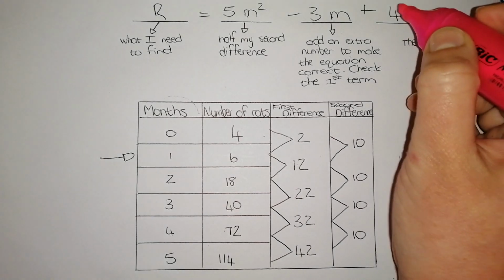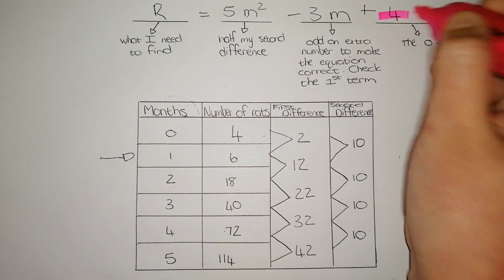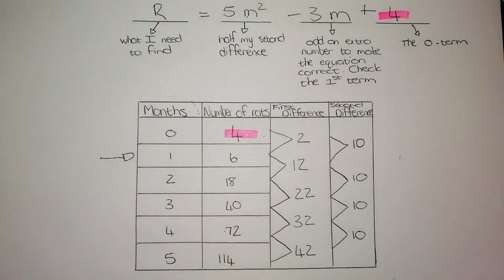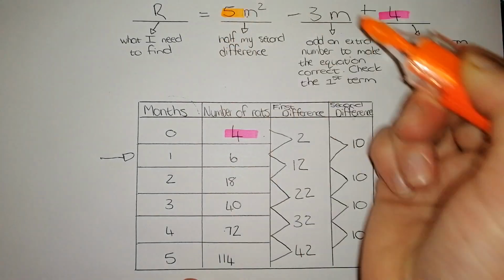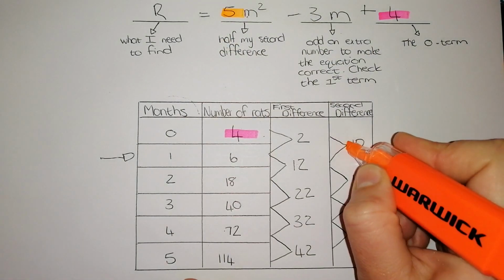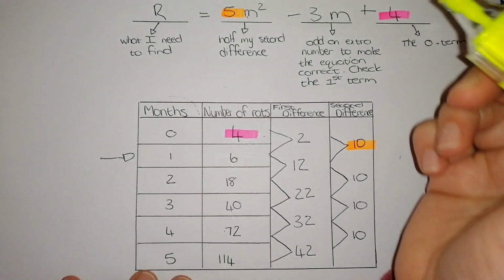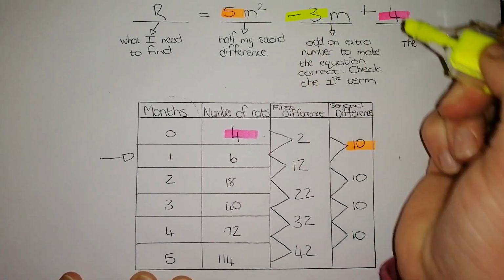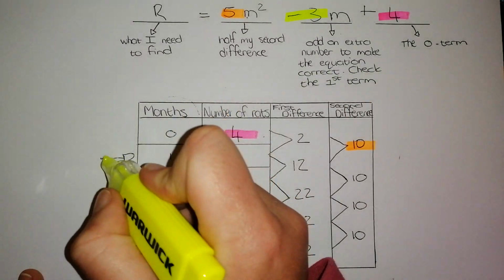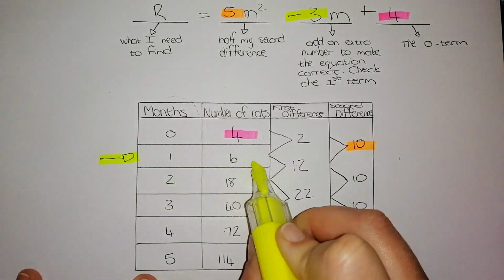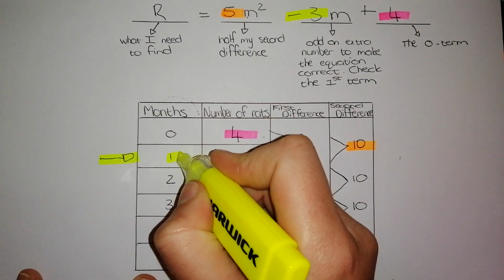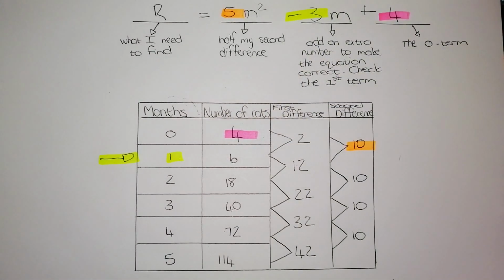My zero term is 4, and I found that by working backwards. My first number is 5, and that would be half of my second difference. And then I have figured out what my middle term value is by working with the first line, substituting this 1 into m's place to find out what the correct answer should be.